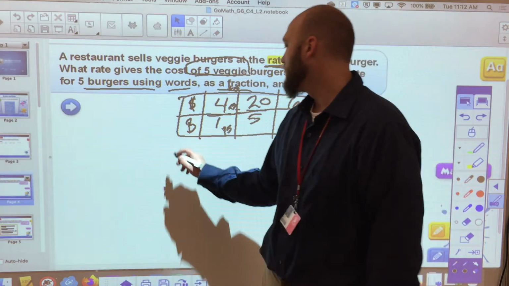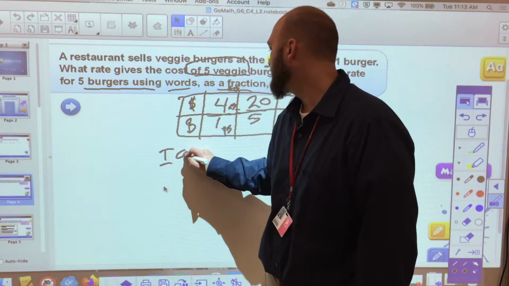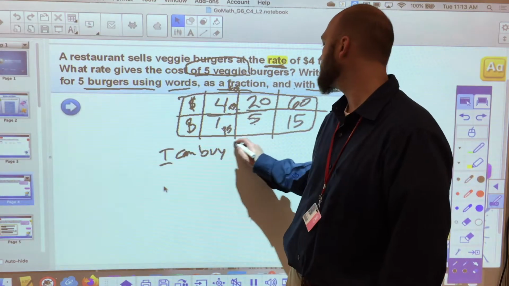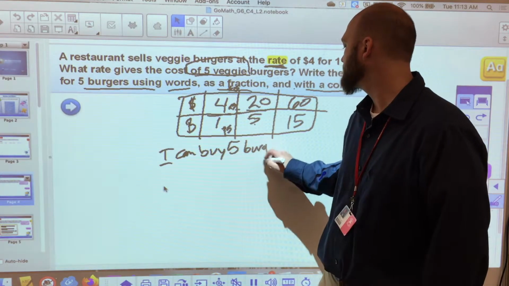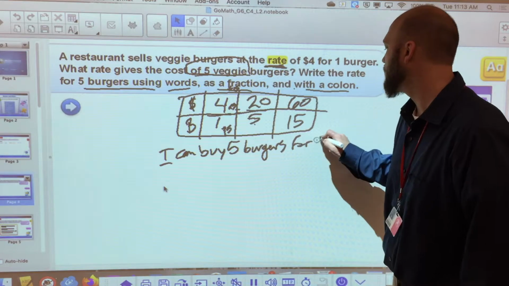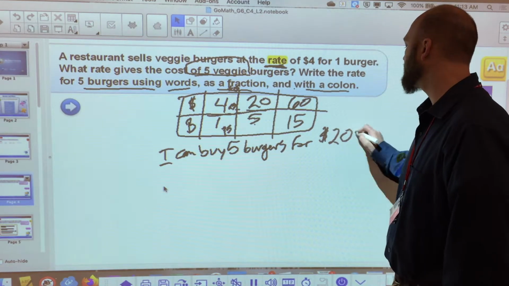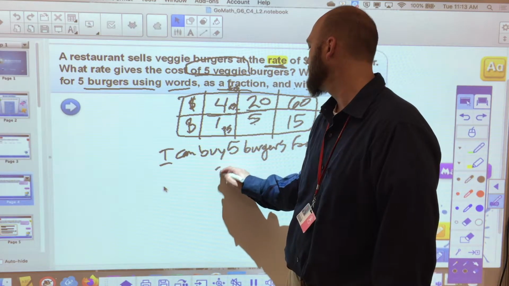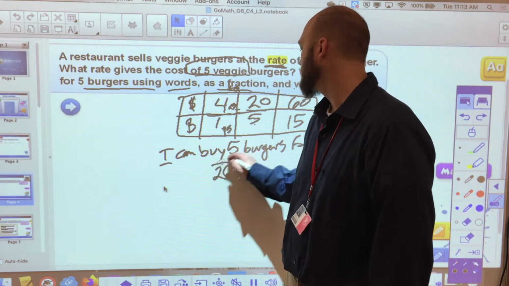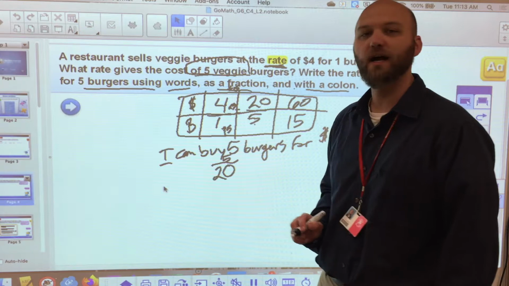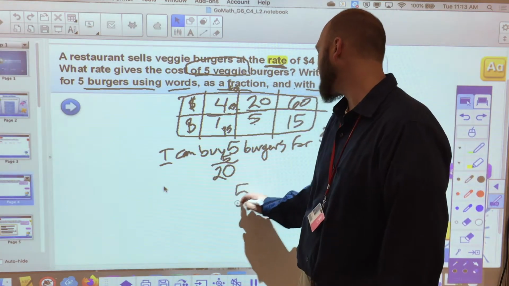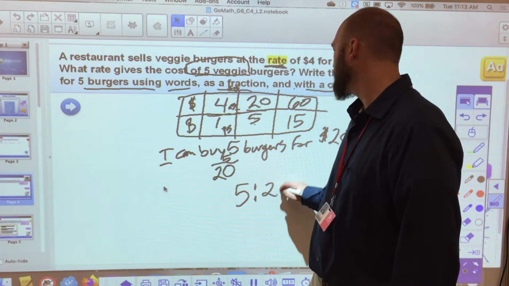So, I can buy, right here, 5 burgers for $20. As a fraction, I can buy 5 burgers for $20, 5 over 20. And with a colon, I can buy 5 burgers for $20.